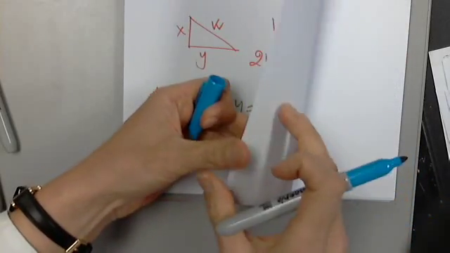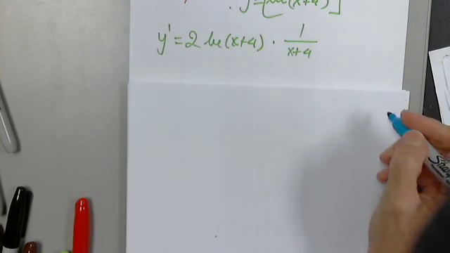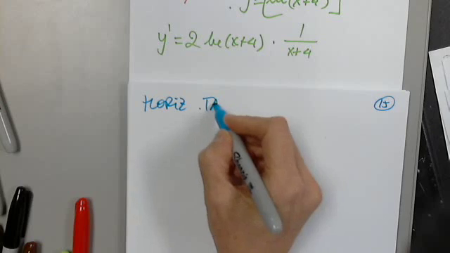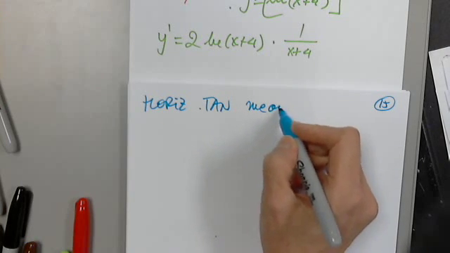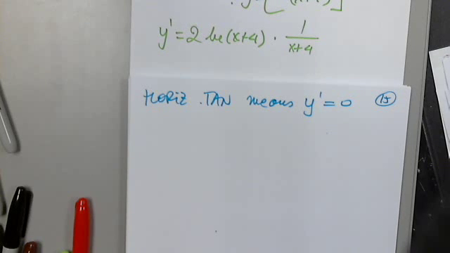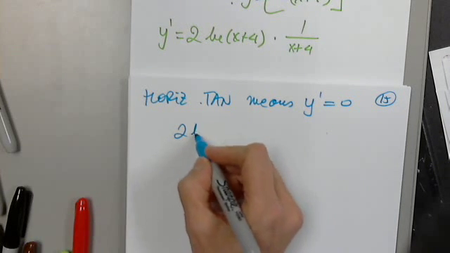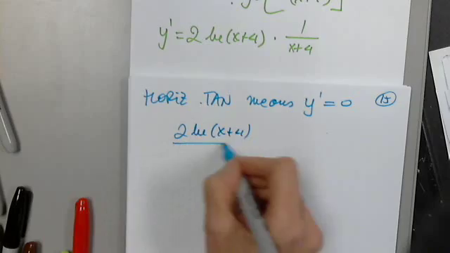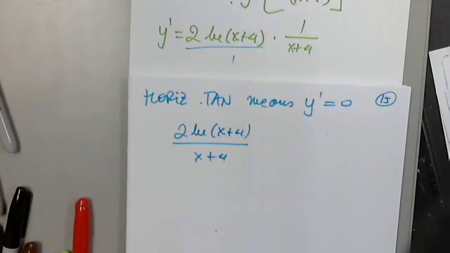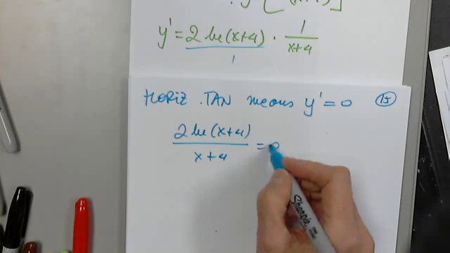Horizontal tangent means the slope is 0, so y prime equals 0. Then 2 natural log of (x plus 4), all divided by (x plus 4), which I change into a fraction because this is all over 1, equals 0.